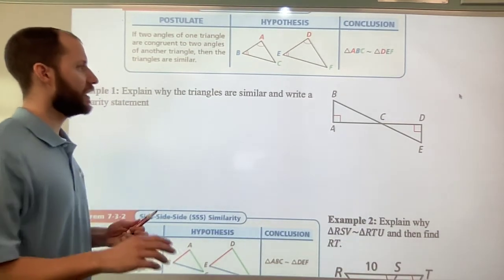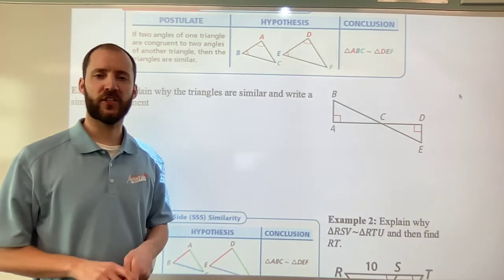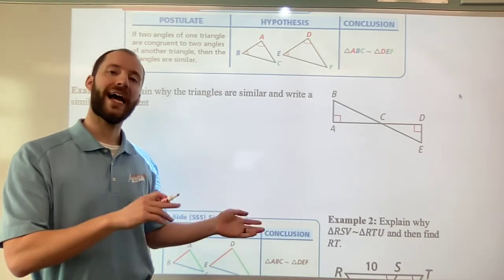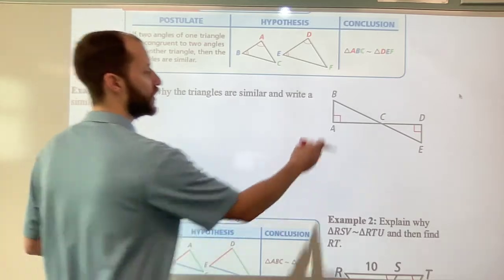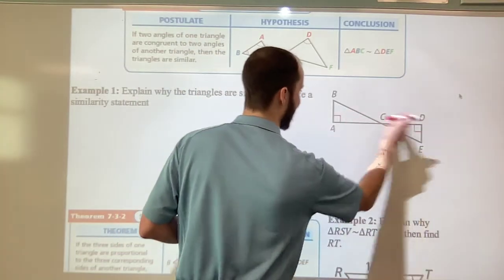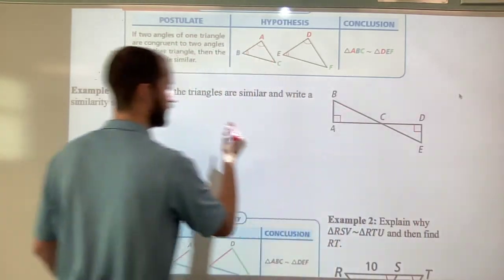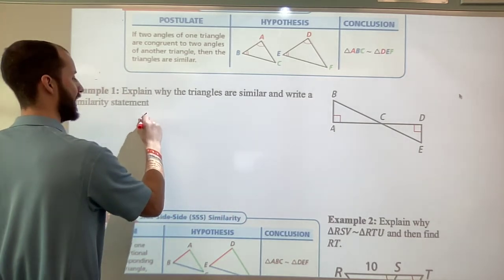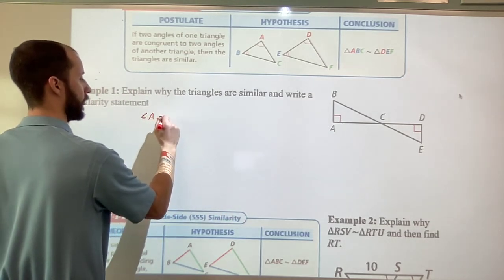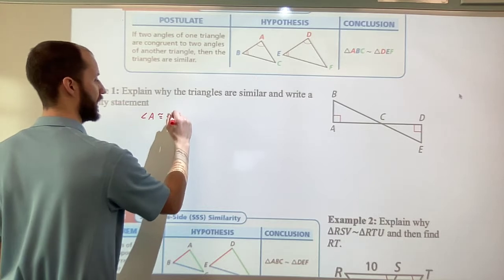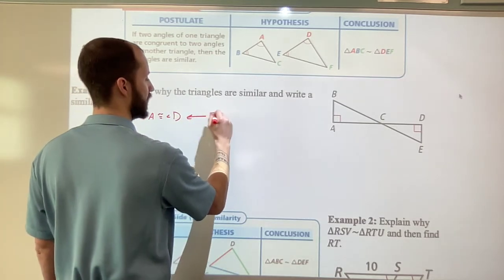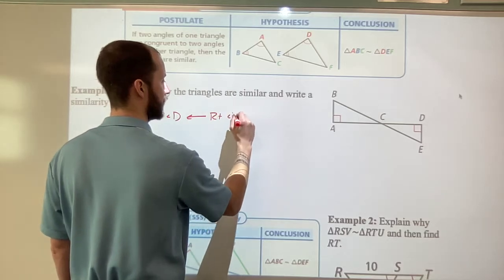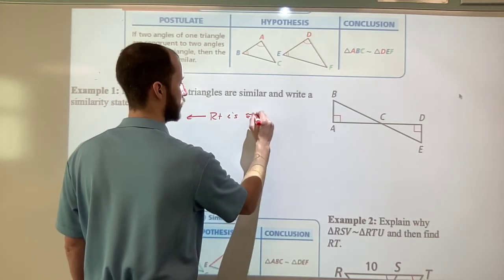I'm not really writing a proof for this, just explaining why these two triangles would be similar. We have those right angle markers, those boxes. So we know angle A is congruent to angle D, and that is because of the right angles congruence theorem.